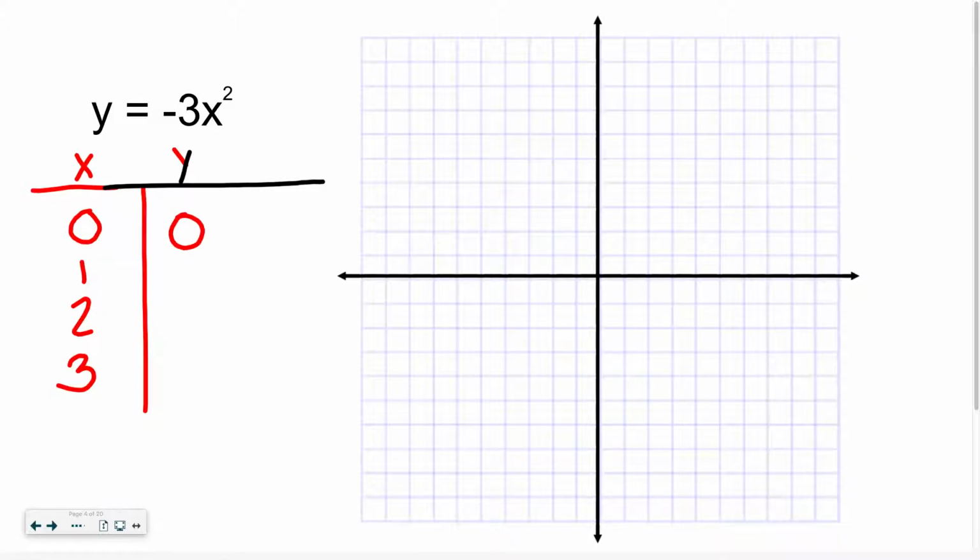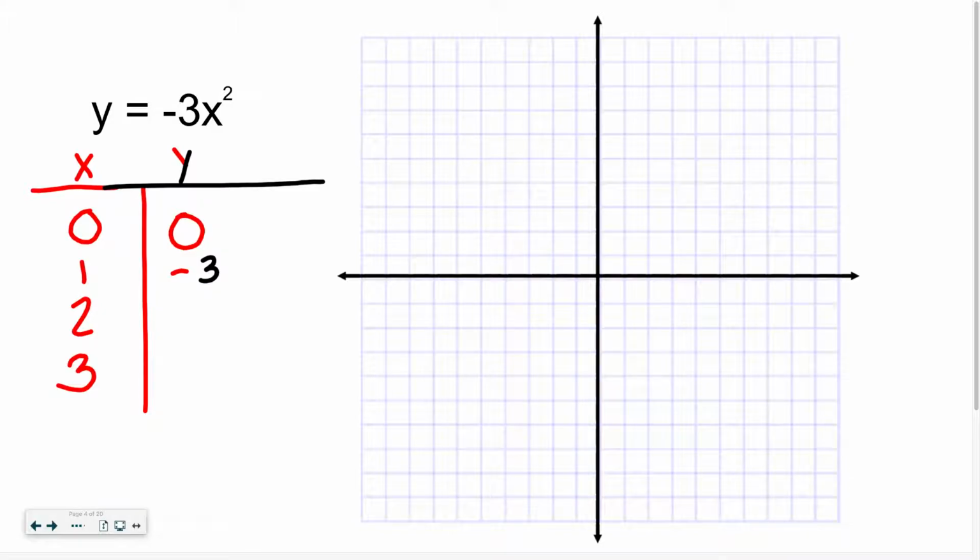Good. The order of operations there, the exponent is first. You have to square the number first. Some of you are not doing that. If x is 1, what is y? Negative 3. 1 squared is 1. 1 times negative 3 is negative 3.